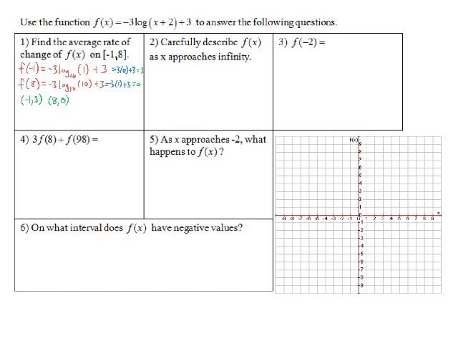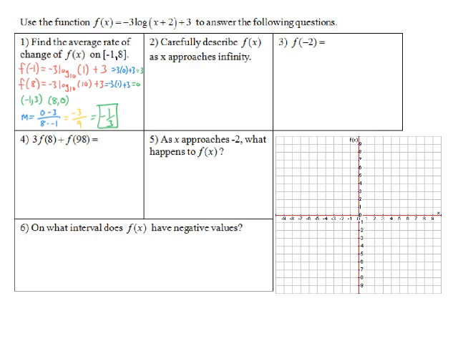So m is going to be equal to the change in y's, that would be 0 minus 3 over the change in x's, which would be 8 minus -1. That would be -3 over 9, which would be -1/3, the average rate of change on that interval.